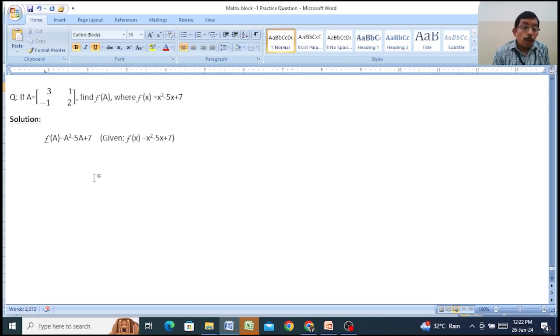It is clear. Now for the value of f(A), first we find the value of A square, then we solve the given equation. First we find the value of A square because A is given and 7 means 7 into I. So first we find the value of A square.